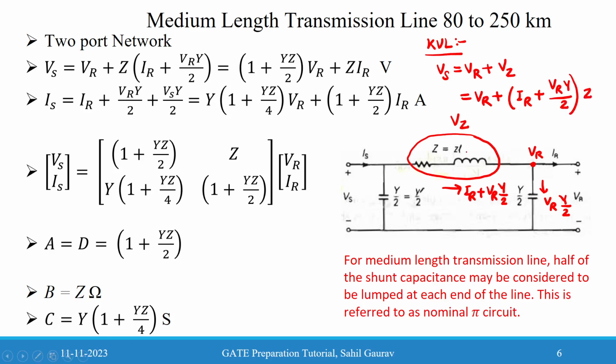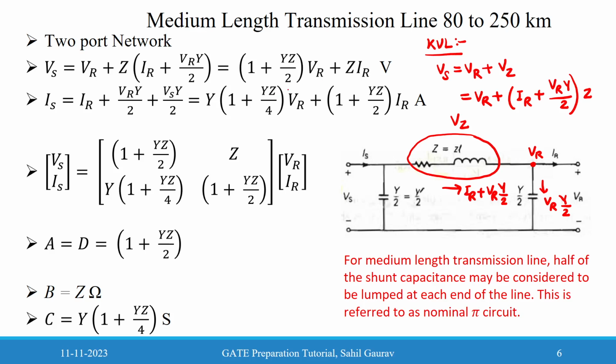So this is very simple. You first make the model and represent Vs, Is, VR, IR, and you represent this Y by 2, Z. That's all. You just apply KVL and KCL, and you will get this form.